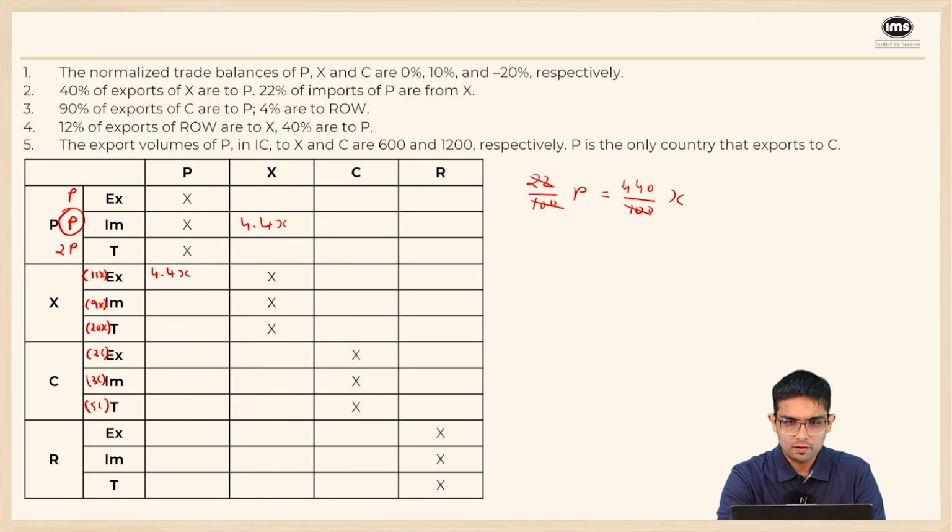This will become 22 2s are 44, 20. So I know P is equal to 20X. So I know export of P is 20X. So export and import are equal because trade balance is 0. So this will also be 20X and the overall trade is 40X. I hope this part is clear.